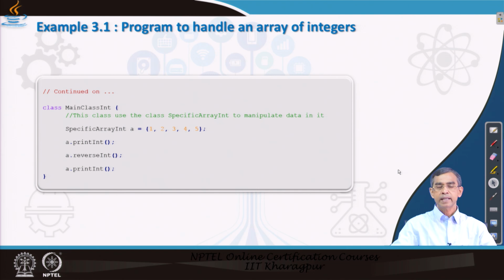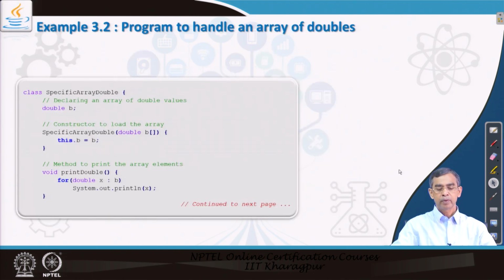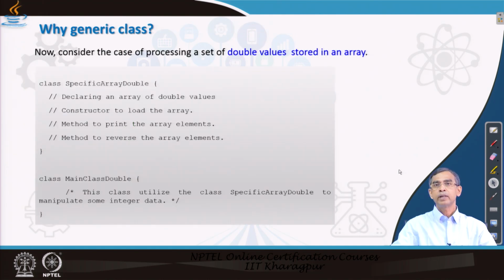If we want to do the same job, but for another type of data, for example, say floating point values, then we can repeat the same program, but only for floating point values. As we see here, the same program structure: declaring an array of float values, initializing the arrays, then a method to print the array elements and finally reversing, and we can call this method in a main class.